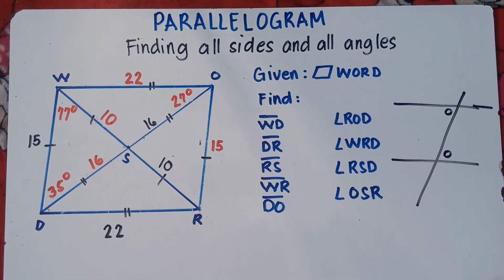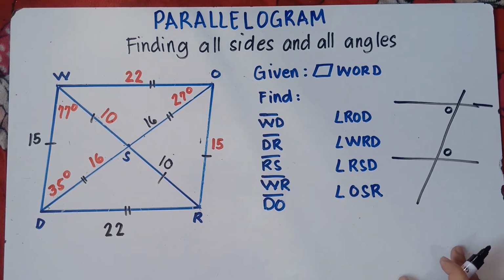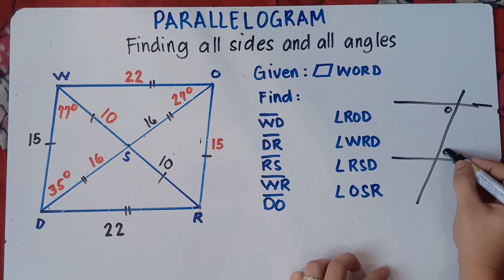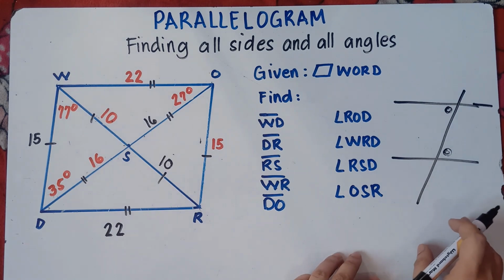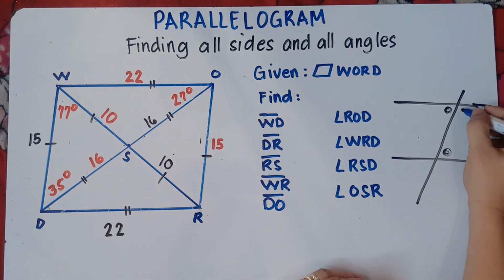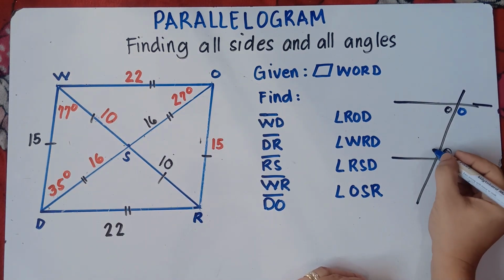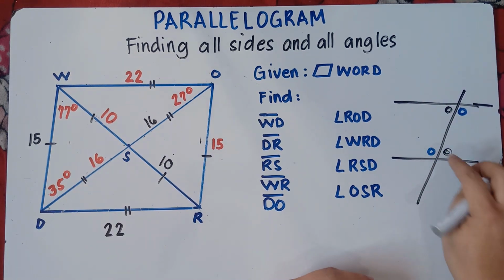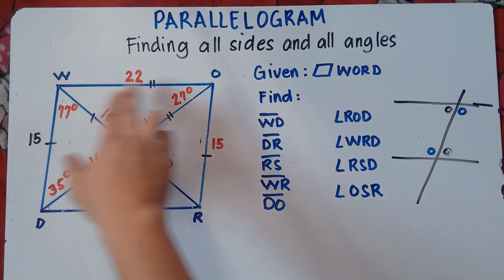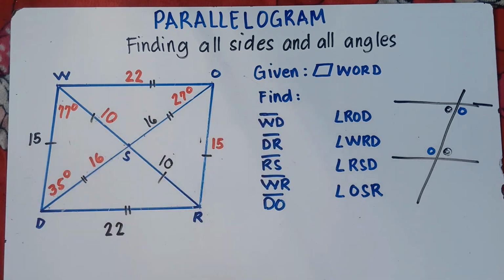This is what we call alternate interior angles. This angle is the same measure as this angle. So alternate interior angles.